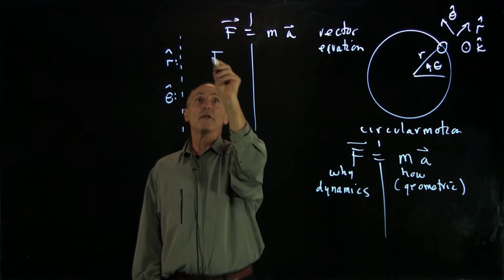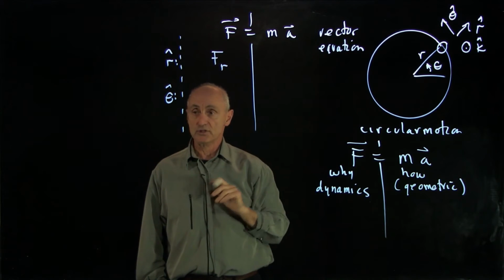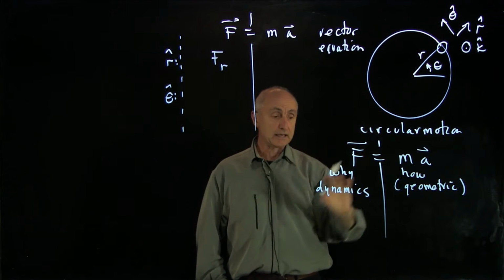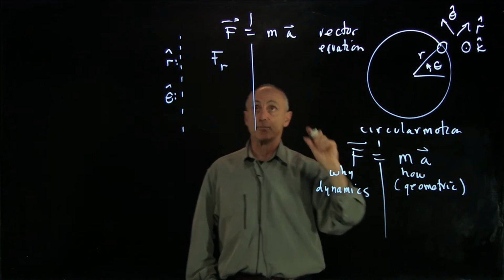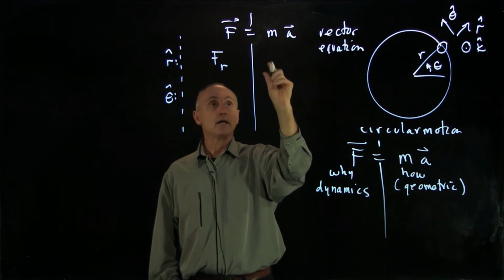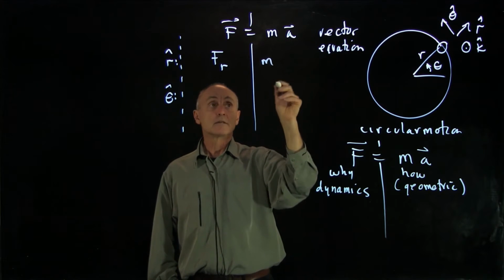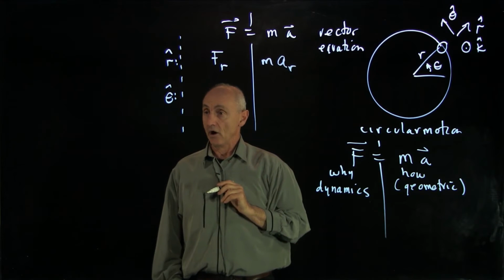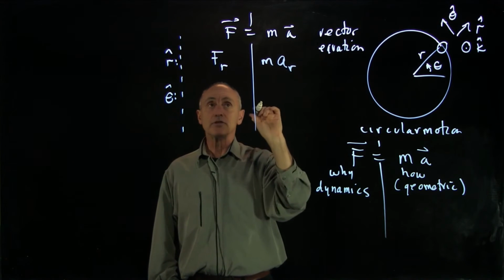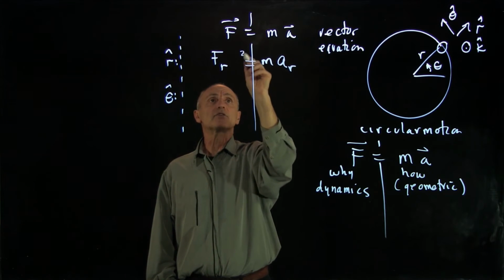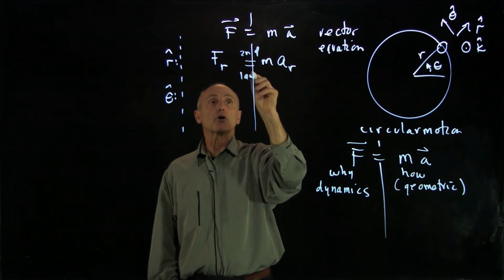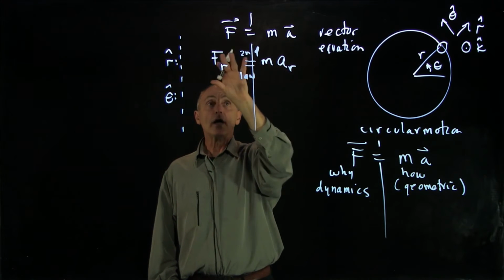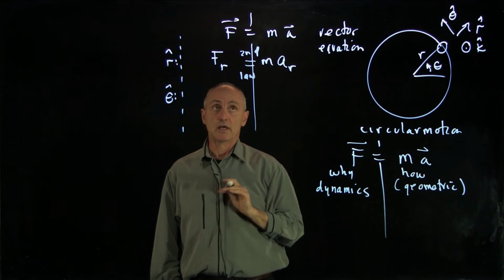And so we have the radial component of the forces, and that comes from an analysis of the dynamics, the physics of the problem. And this side is mass times the radial component of the acceleration, a_r. Now these are very different things. And it's by the second law that we're equating in quantity these two components.